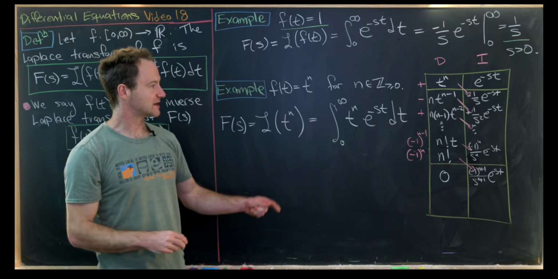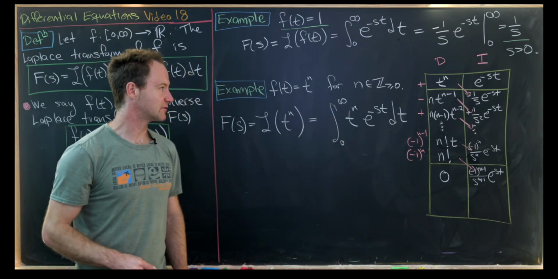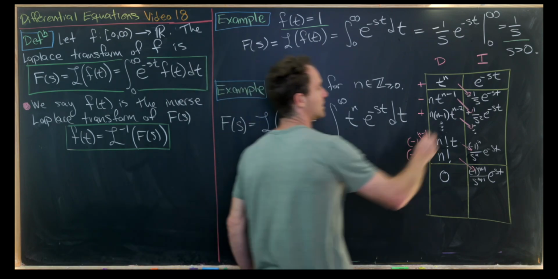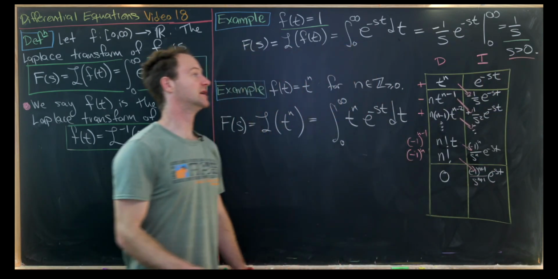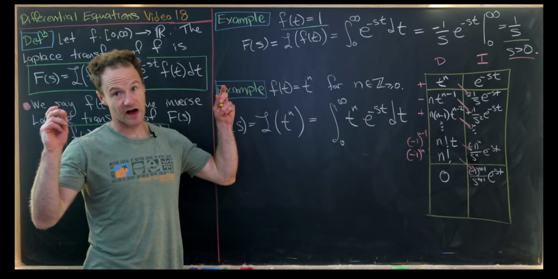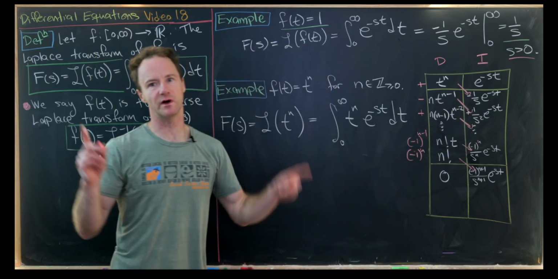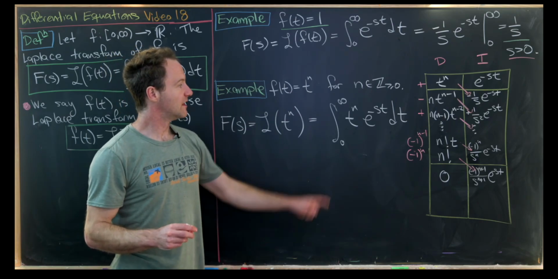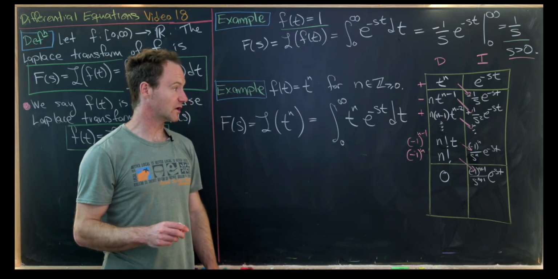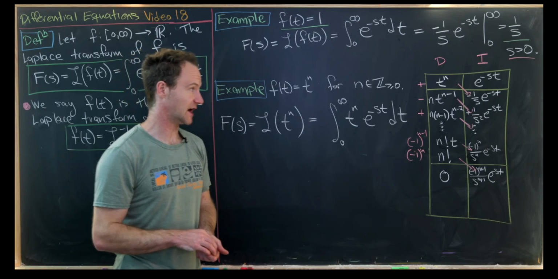Now let's keep in mind we have to evaluate at 0 and infinity. We'll assume that s is bigger than 0, so when we evaluate at infinity, we'll always get 0 because the exponential term will win, if you will. Then if we evaluate this at 0, we'll get 0 almost all of the time.